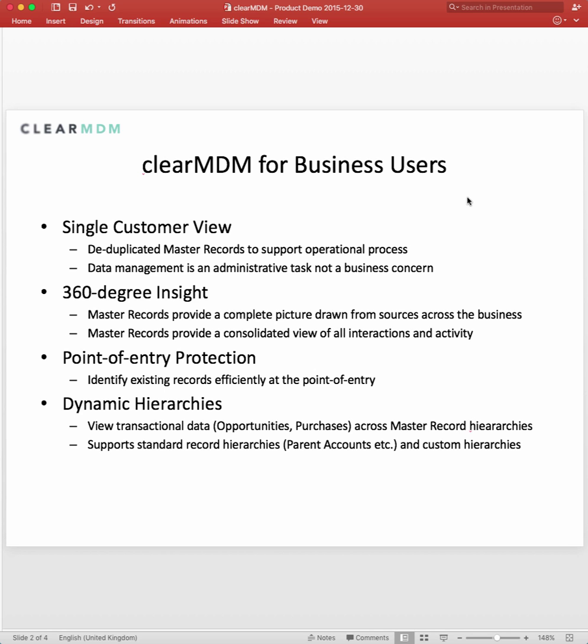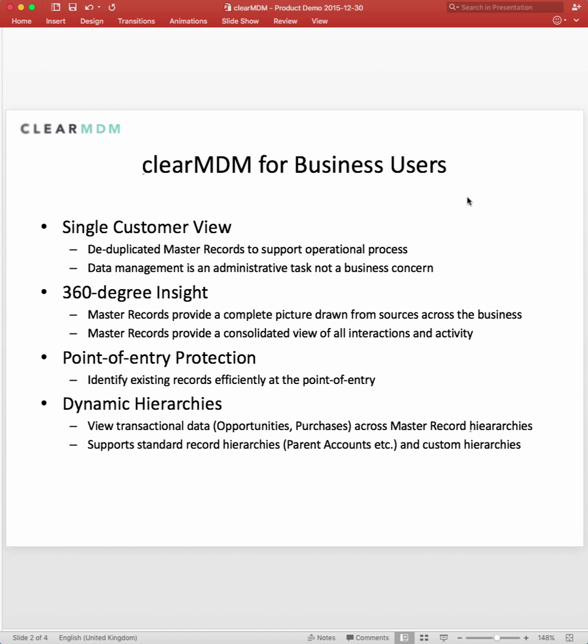And part of that picture will be a consolidation of the interactions across the business systems, whether they be purchase transactions, support activity, or whatever those points of interaction may be. But also the points of activity such as communication and correspondence. Being able to understand the patterns of activity, behavior and interaction that an organization will have with their customers, suppliers, or indeed products can be an incredibly powerful tool.